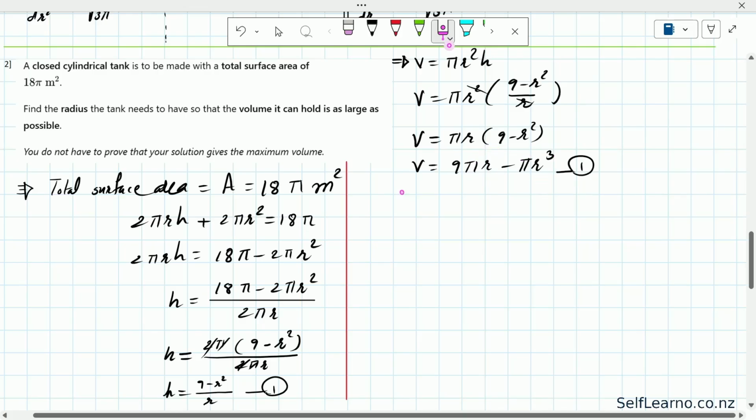So we can differentiate V with respect to r. You know the differentiation process. You should try it. So the differentiation of 9 pi r is 9 pi, and here it is 3 pi r square. Good.